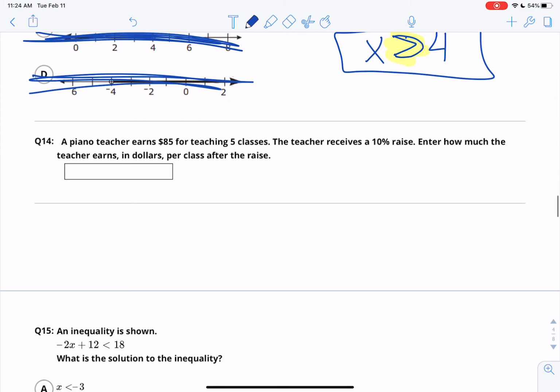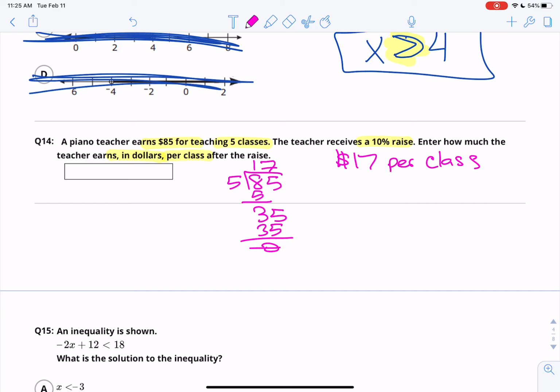All right, 14. A piano teacher earns $85 for teaching 5 classes and receives a 10% raise. How much money in dollars does he earn per class? So, the first thing I need to figure out is how much does the piano teacher earn for one class? So, if I have $85 for 5 classes, 85 divided by 5 is going to give me 17. So now I know it's $17 per class.